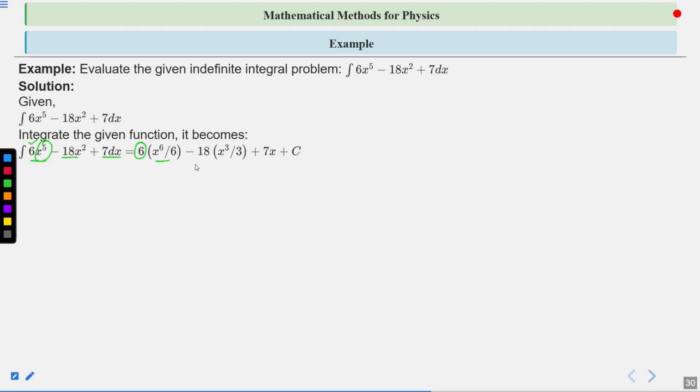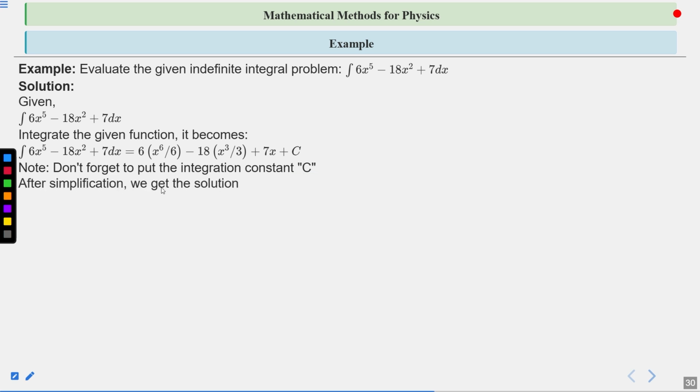Now minus 18 as it is, and integration of x square is x cube divided by 3, plus integration of 7 is 7x, plus c. Note, don't forget to put the integration constant c. So this is important.